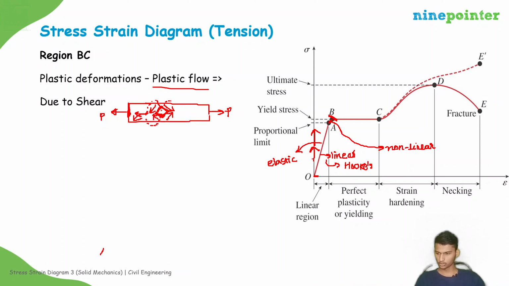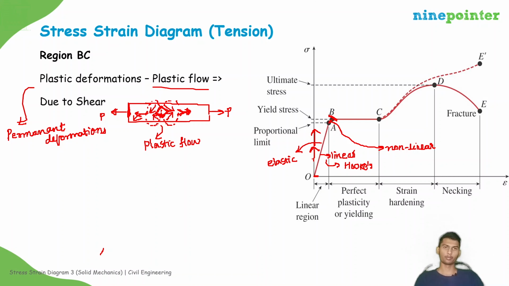And if you consider these two forces, it is trying to move the particles in this direction. So it is responsible for plastic flow. So the material will undergo permanent deformations. The more the plasticity, the more the permanent deformations.